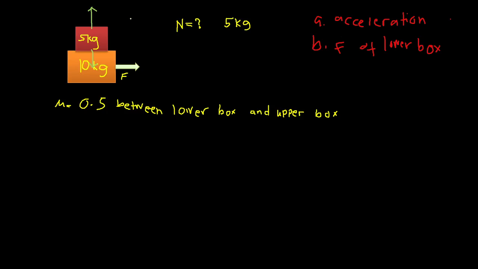So since walang motion sa ating upper box, so ibig sabihin ng ating force ay mass times gravity lang, di ba? So ang ating N is equal to mass natin ay 5 kg times sa gravity na 9.8. So 5 times 9.8 ilan?